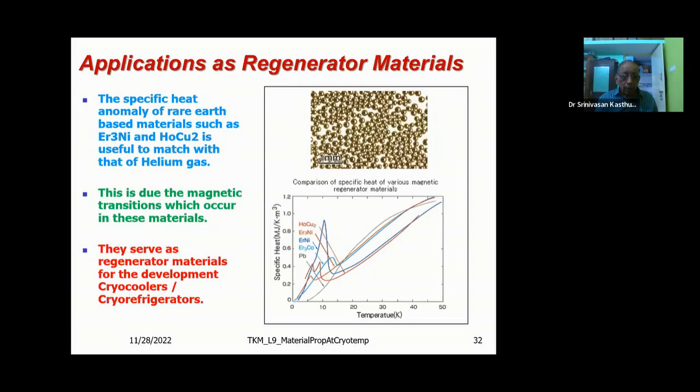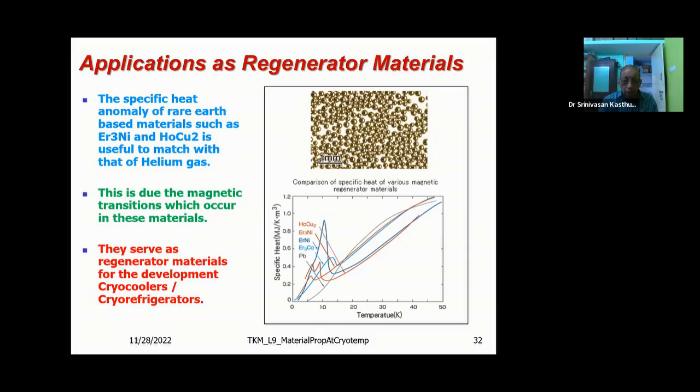Now you can see here the anomalous behavior for holmium copper, etc. So there are different materials which can be useful for low temperature.